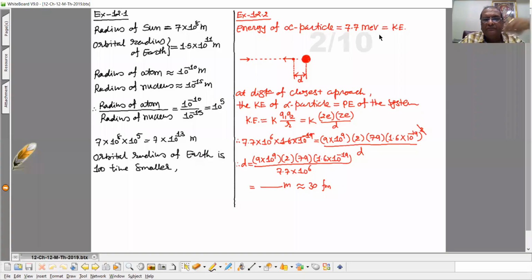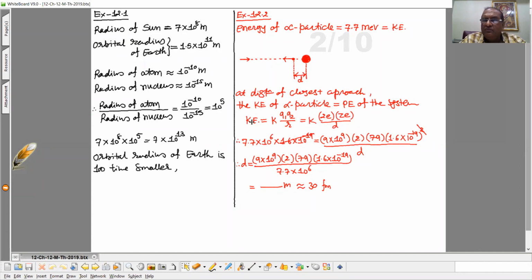Yes, sir. Now, charge Q1, the charge of the alpha particle, is 2e. Charge Q2, the charge of the nucleus, is Ze. Suppose this distance of closest approach is d, then our equation turns to K 2e Ze by d.